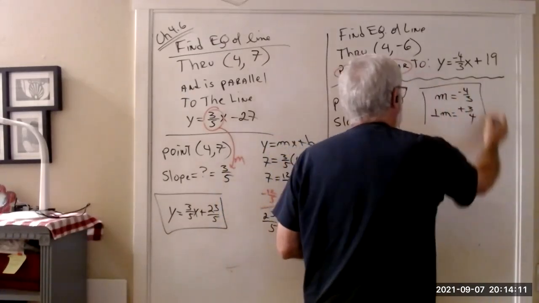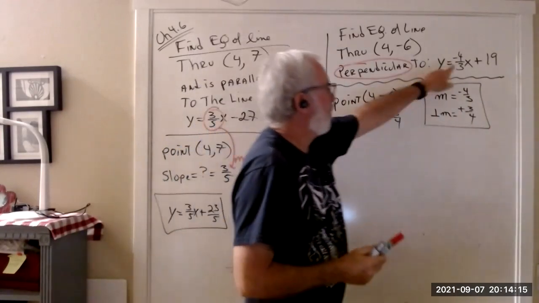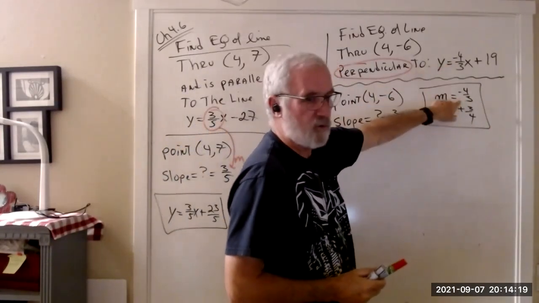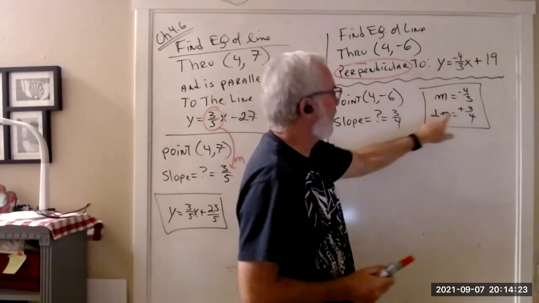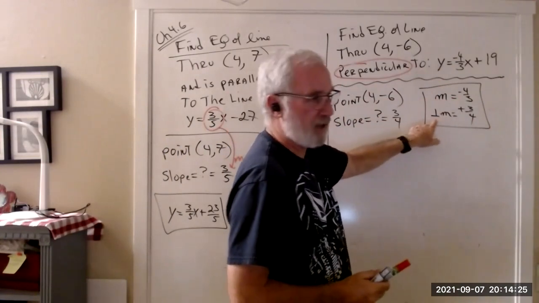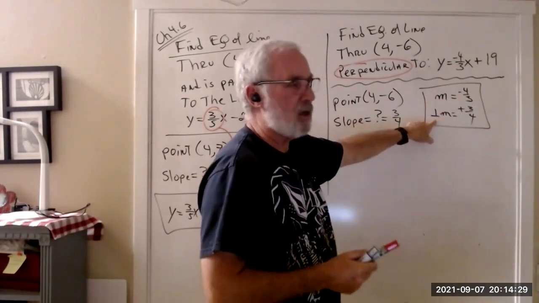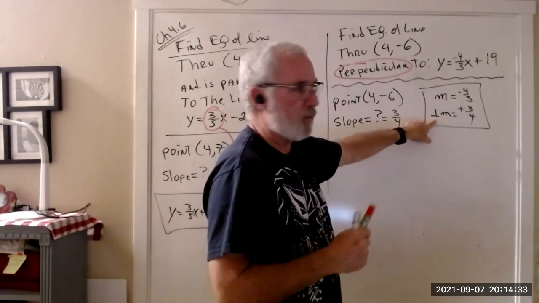Okay. The symbol for perpendicular would give positive 3/4. You might see someone write that just in their notes. The slope of the original line was negative 4/3. But the perpendicular slope, that's the symbol for perpendicular in math. Again, you're not going to be held accountable for that at all. Don't panic.